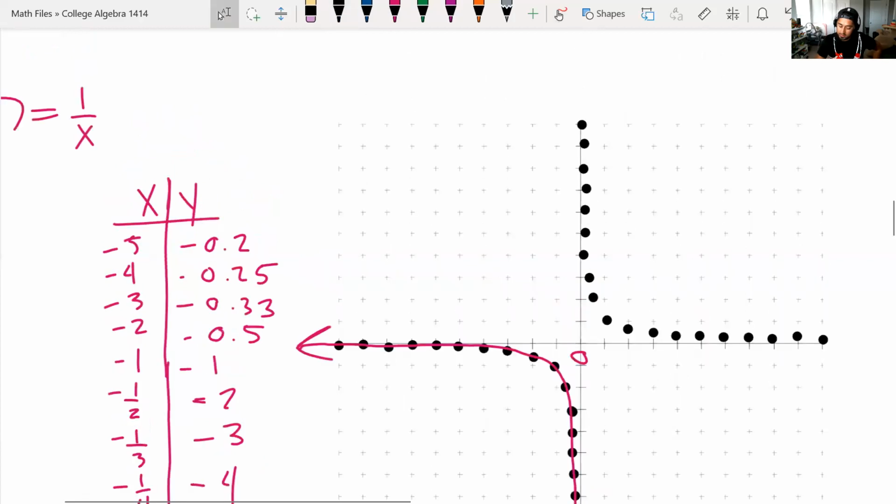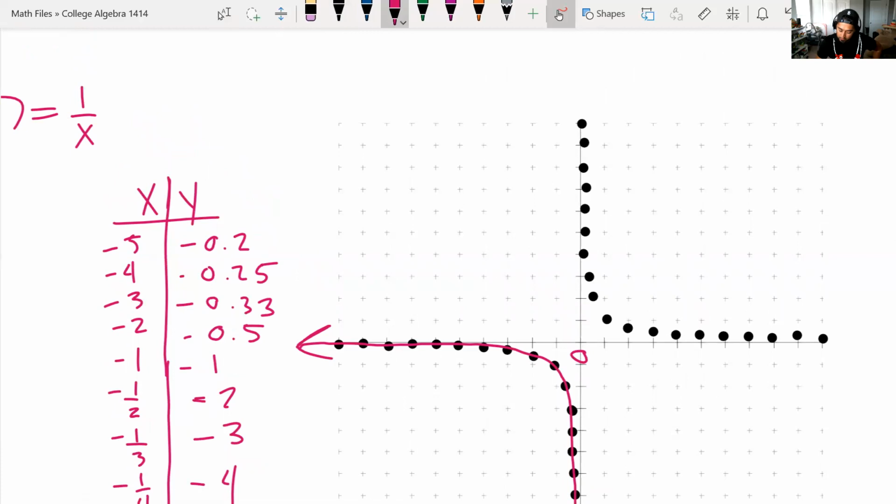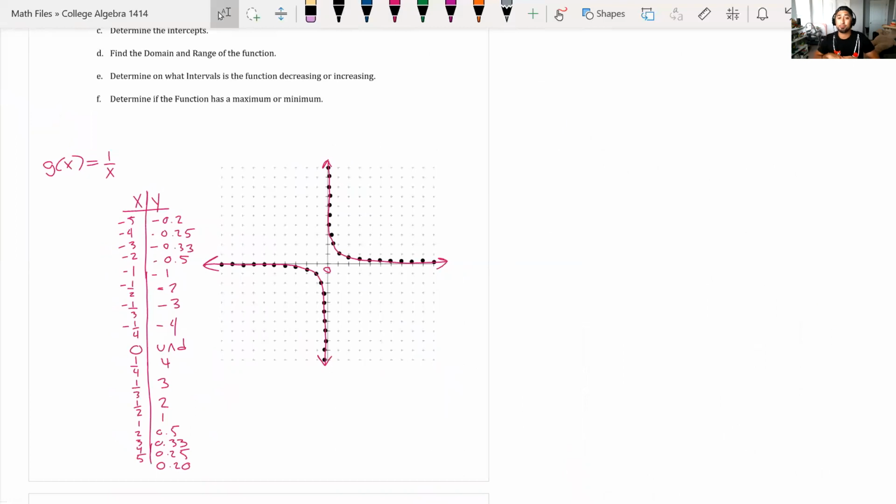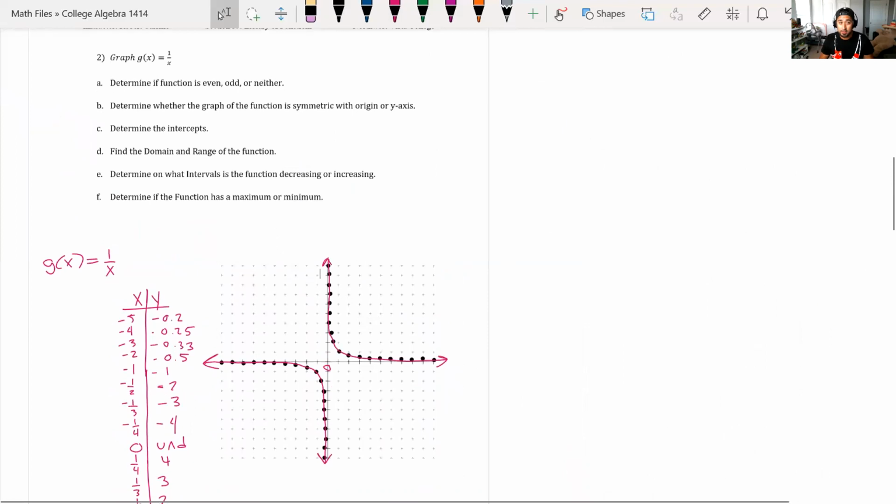And what this graph looks like is basically the same thing as you see below. Okay, there it is.